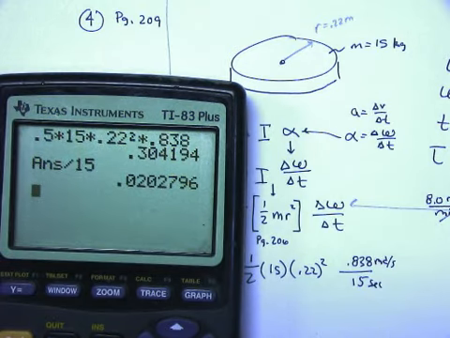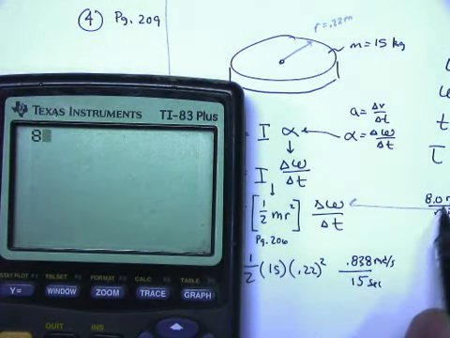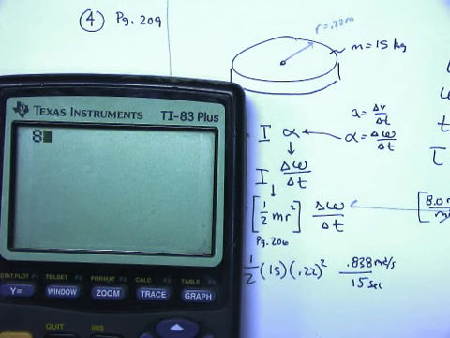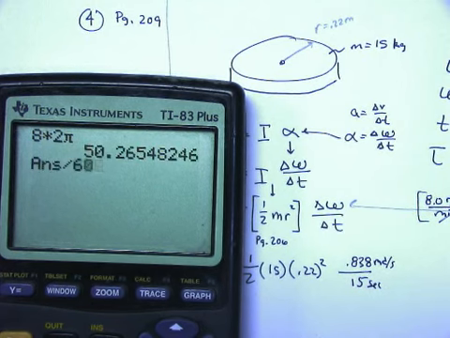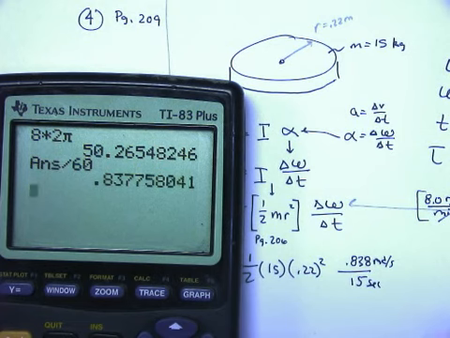Let me see real quick. I think that I might have gotten my radians per second wrong. 8 times 2 pi divided by 60. No. Oh shoot, this was revolutions per second. So yeah, I was wrong.